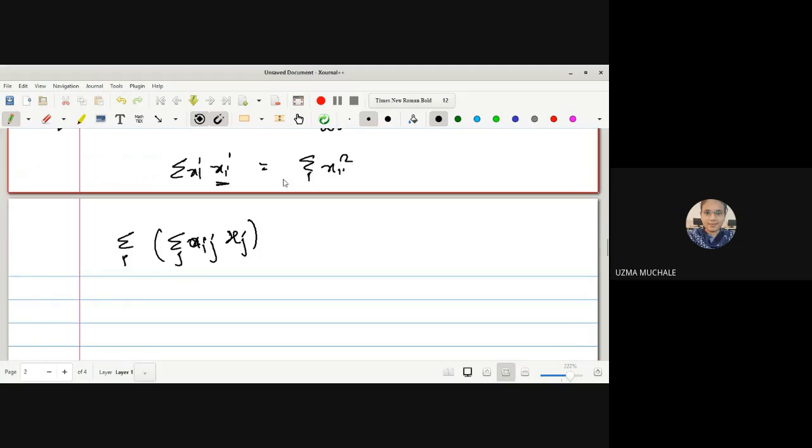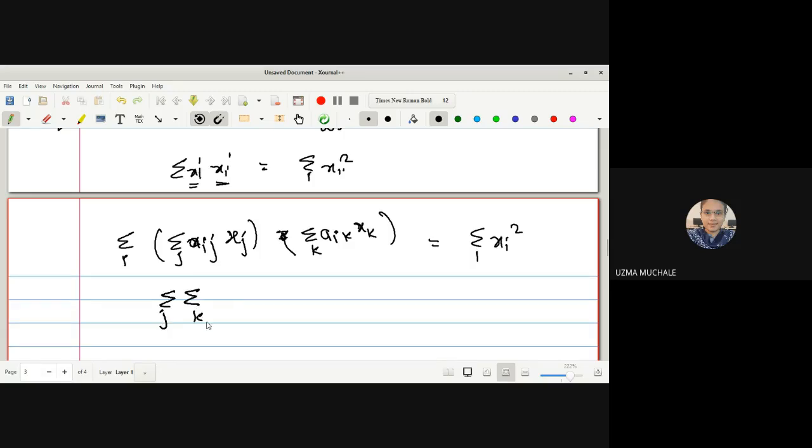Simply I have written the value of xi dash from our equation. Again we have to write xi dash, let me use another index here, summation over k aik xk, which is equal to summation over i xi square. Okay, now this j and k I can take outside.